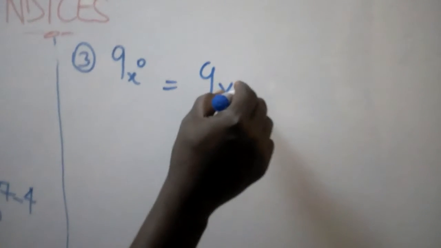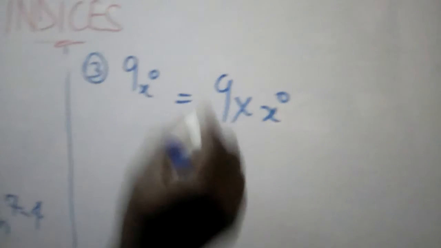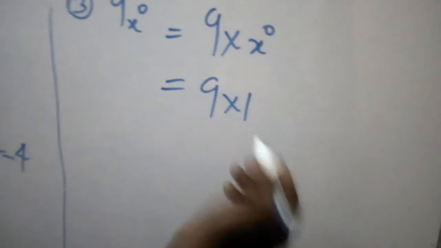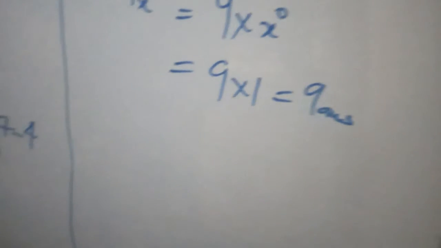If you have 9x to the power of 0, this is the same thing as 9 times x to the power of 0, which equals 9 multiplied by 1, because x to the power 0 is 1, which is equal to 9 as your answer. That is it.